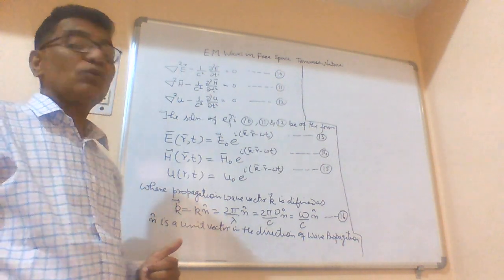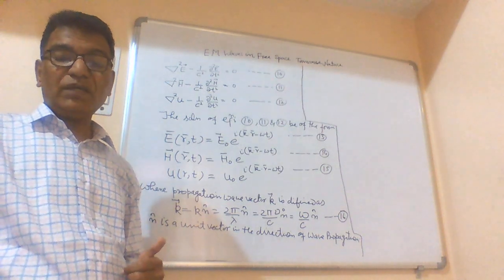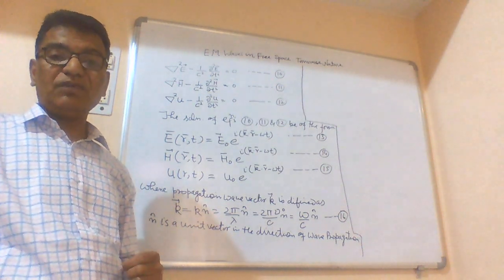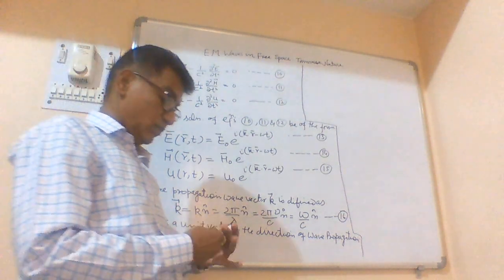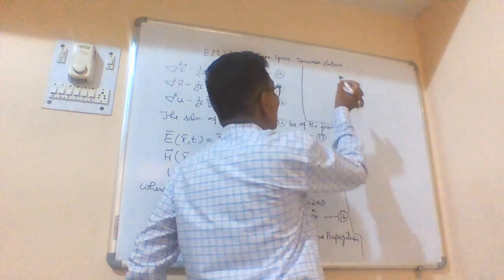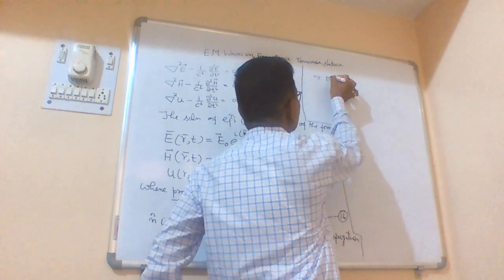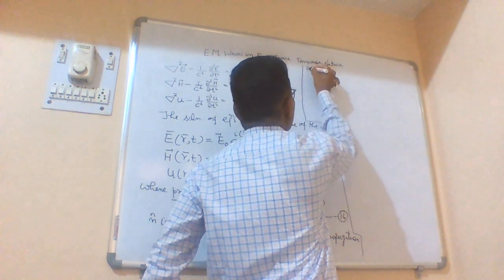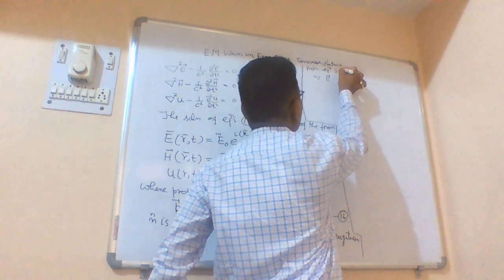So now we have to solve the equations given by equation number 3 a, b, c and d. In equation 3a, we have divergence E is equal to 0. So del dot E, from equation 3a.